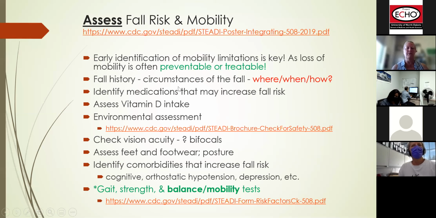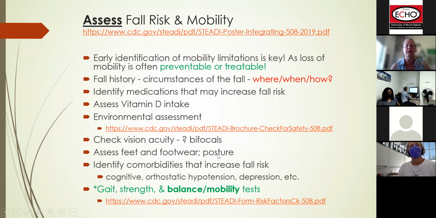So we talked about the fall history. We talked about identifying medications that might increase her fall risk or decrease her mobility. CDC would also talk about assessing her vitamin intake. We talked about environmental assessment. You guys came up with that. We looked at how she's using her bifocals. A lot of times when people get older, they tend not to visit the eye doctor as frequently.